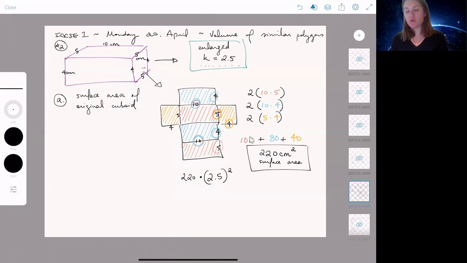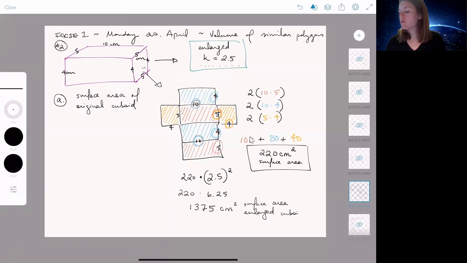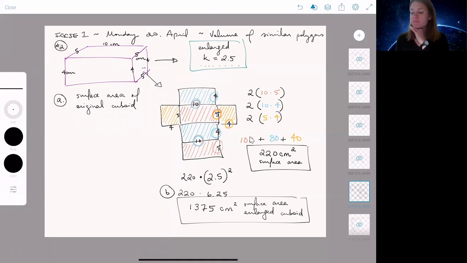Grab my calculator. 2.5 squared, I think, is 6.25 times 220 is 1,375. So that is going to be the surface area of my enlarged cuboid. Okay, that would be part B of this problem.